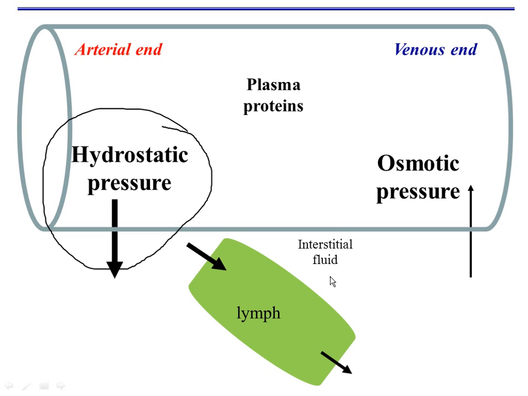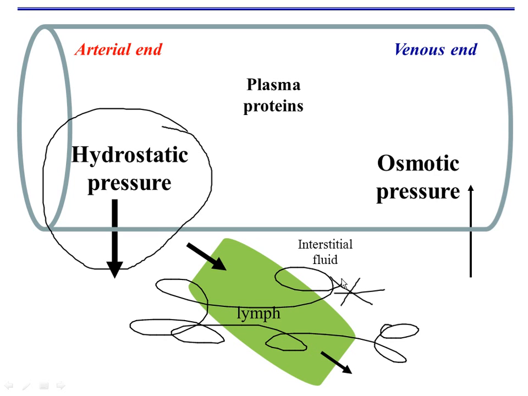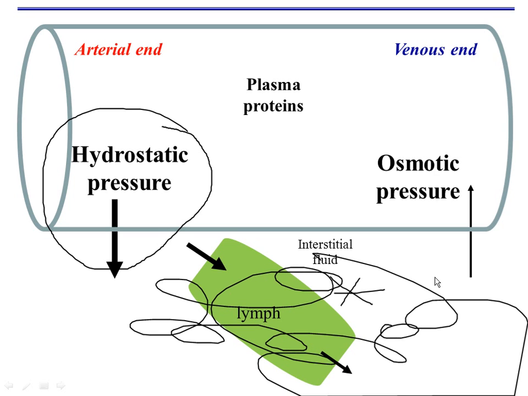On the outside here in the interstitial fluid, also due to proteins and stuff dissolved into this interstitial space, there's a pressure pushing back inside the capillary. That's called osmotic pressure. The tissue osmotic pressure is constant all the way across. It doesn't change at all.